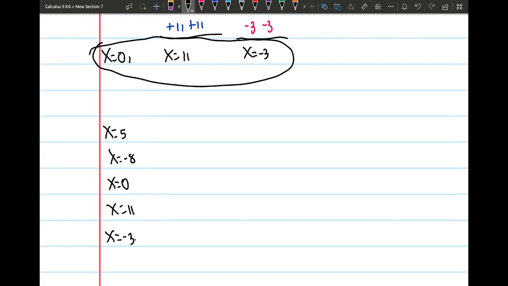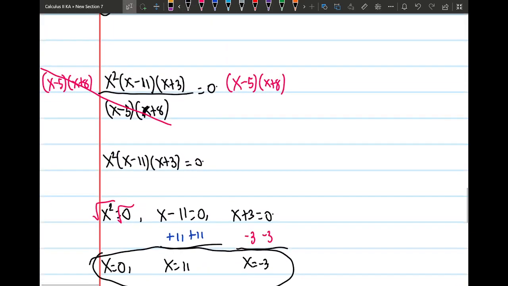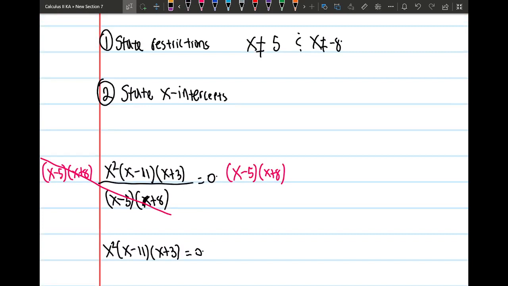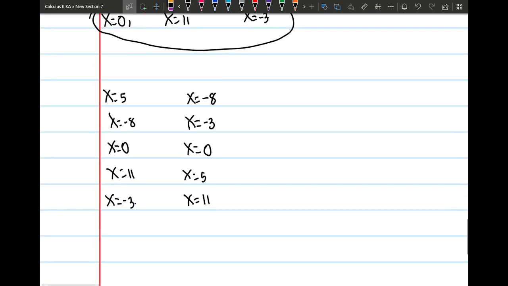And then stating it in order, we have x equals -8, x equals -3, x equals 0, x equals 5, and x equals 11. Now we want to make sure we understand which of them are restrictions and which of them are the x-intercepts. Only 5 and -8 are the restrictions. So we want to make sure to say that.